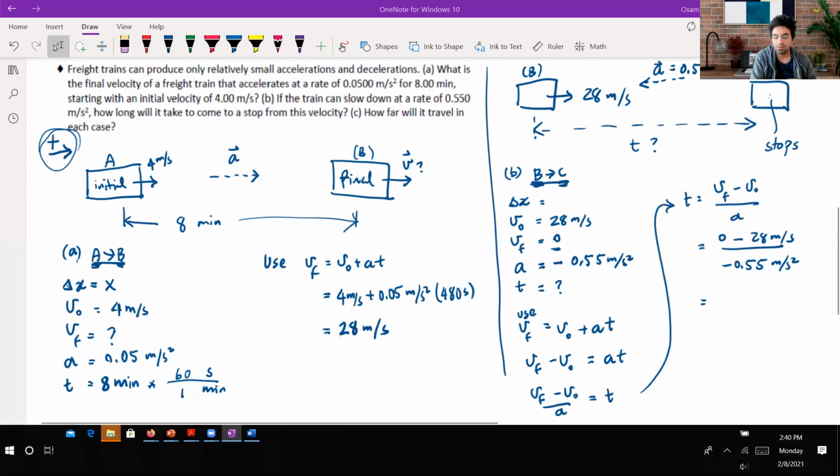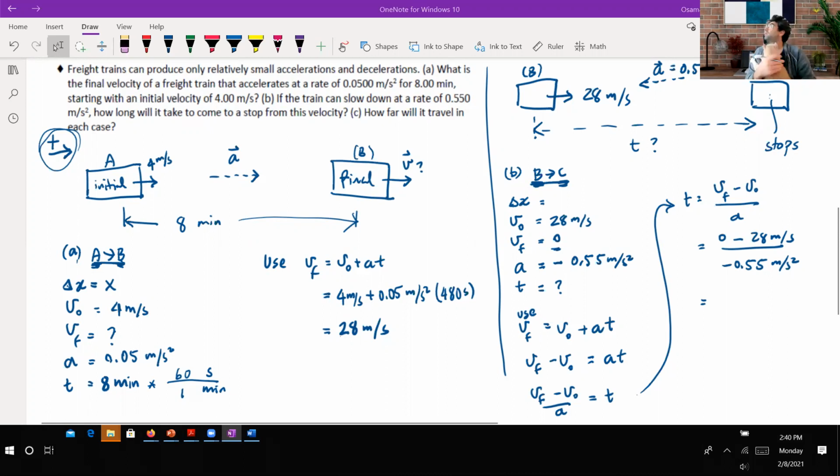And if I want to, I can take that and convert it to minutes or hours or whatever. Of course, the negative signs cancel because I get negative divided by negative. And 28 divided by roughly a half will give me something like 56, maybe a little bit less than that. So maybe something like 54 or so. So it'd be like 54 seconds or something like that.